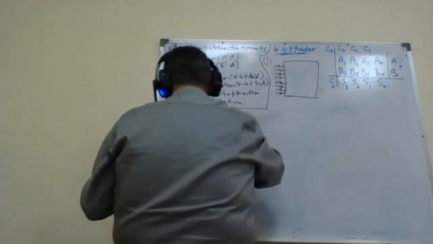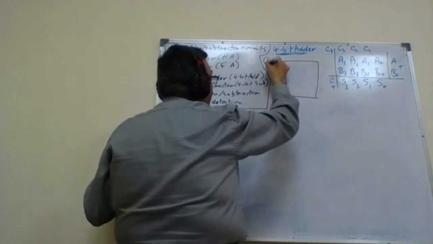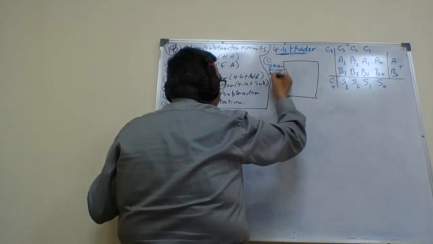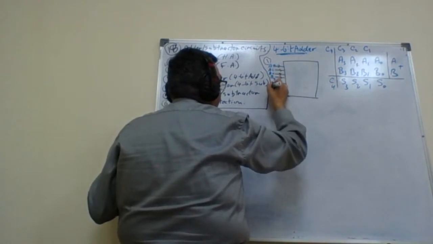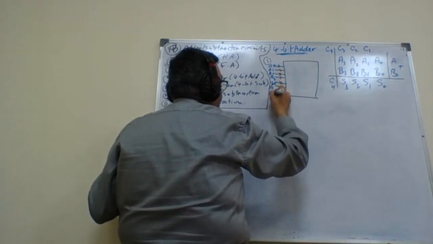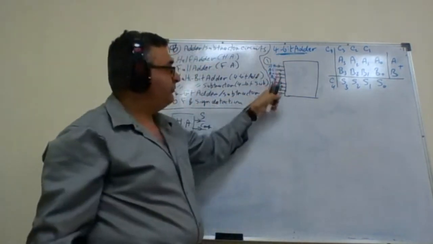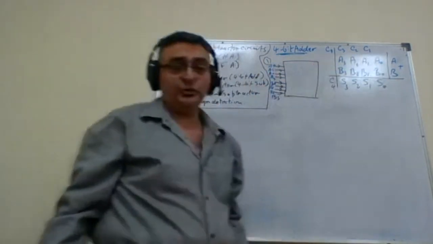These are A0, A1, A2, A3, B0, B1, B2, B3. So 4 inputs from A, 4 inputs from B, as it's shown.